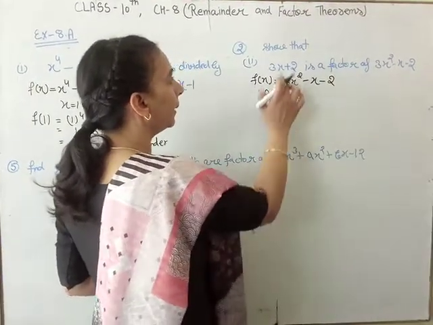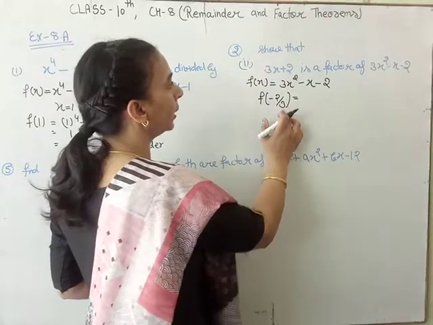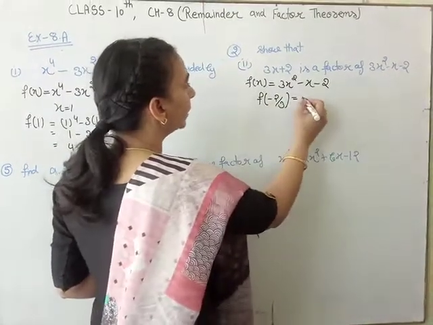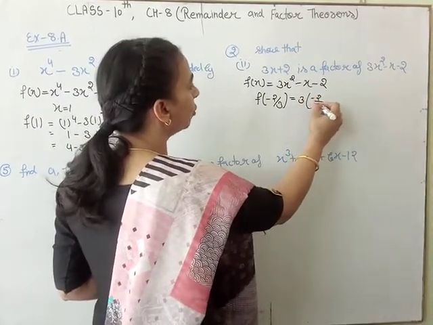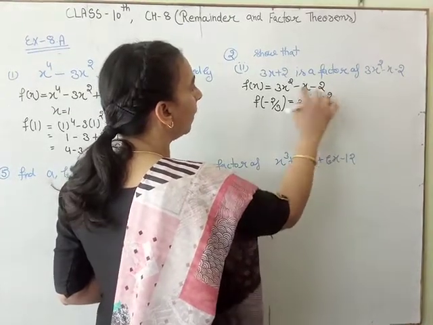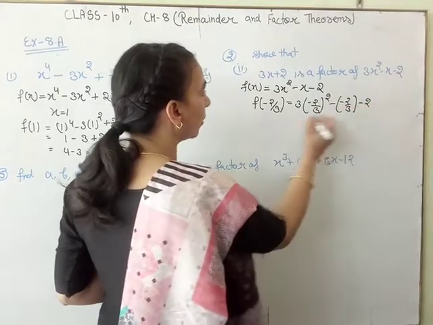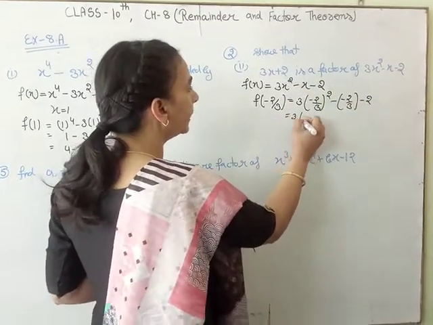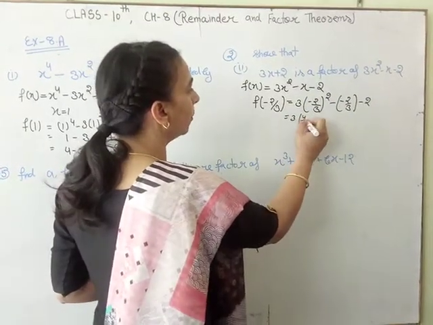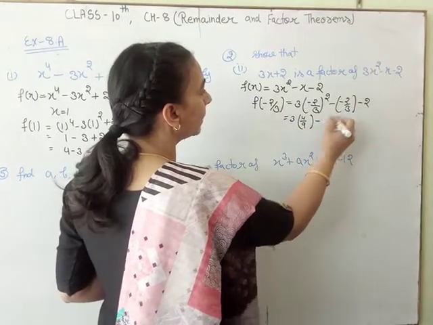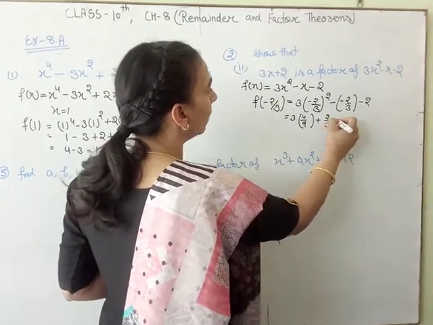We write in place of x minus 2 by 3 in this expression: 3 into minus 2 by 3 square, minus 2 by 3, minus 2. Okay. 3 as it is, minus square is plus, then 4 by 9, plus 2 by 3 minus 2.